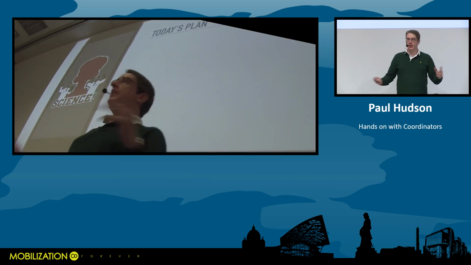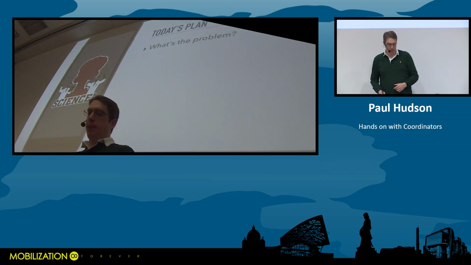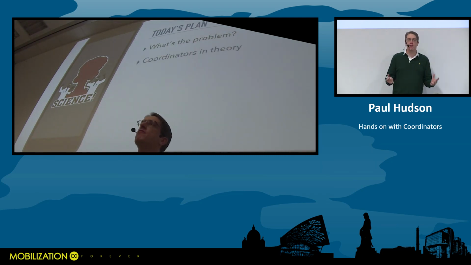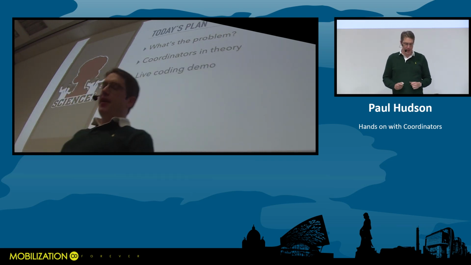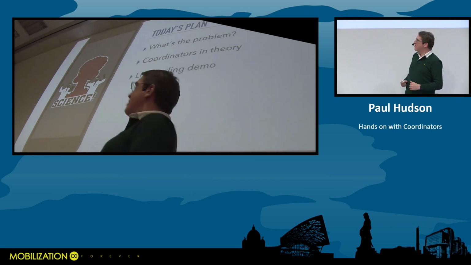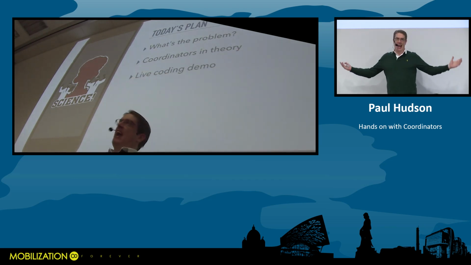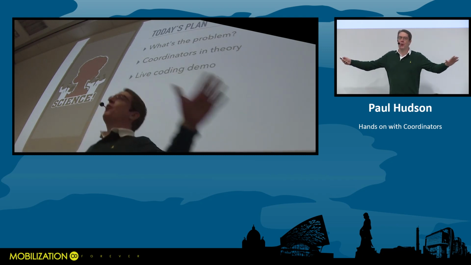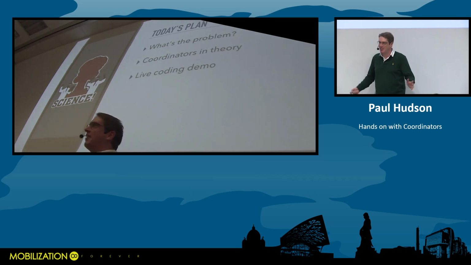OK, today's plan is pretty straightforward, I think, for the time we have. We're kicking off with looking at what the actual problem is and where coordinators might be useful. Then we'll do a theory overview of how to use them in your apps today. Then, because I'm feeling brave, there'll be a live coding demo. What could possibly go wrong? Everything, of course. You all use Xcode, right? You know what can go wrong. Xcode can go wrong. It's Mojave. It's Xcode 10.